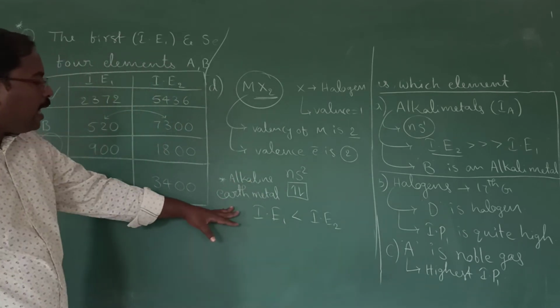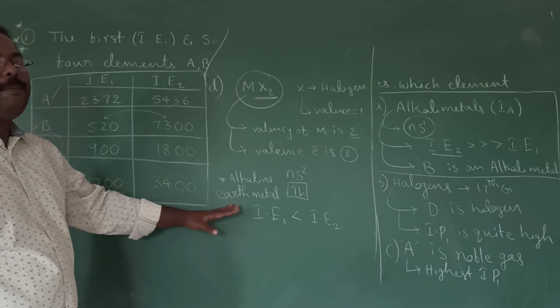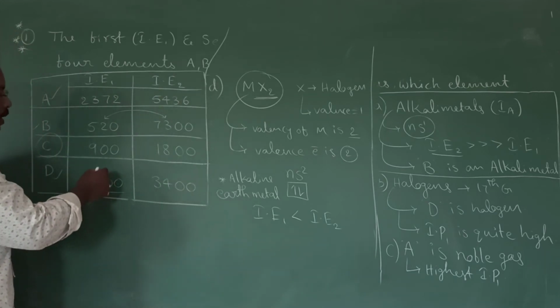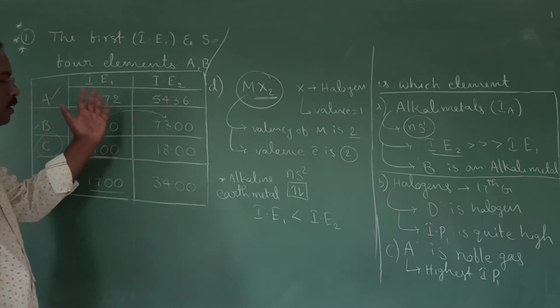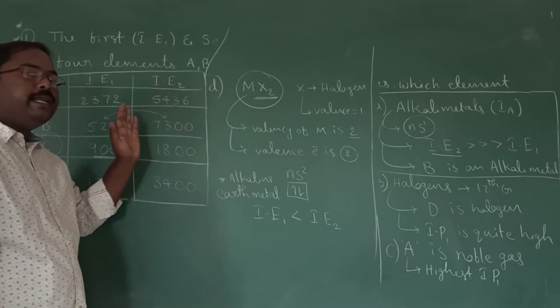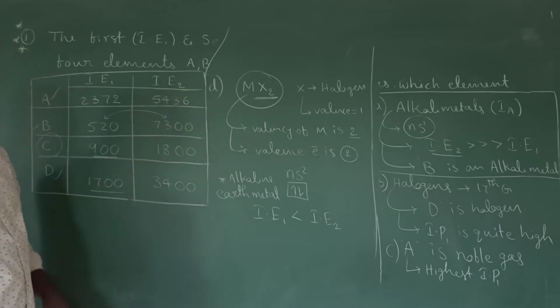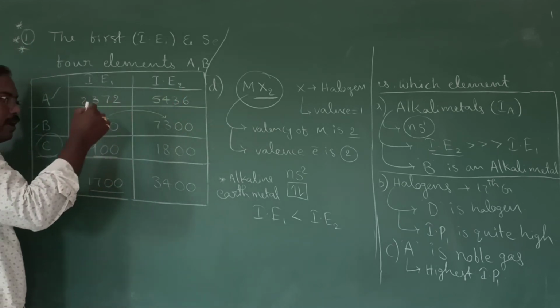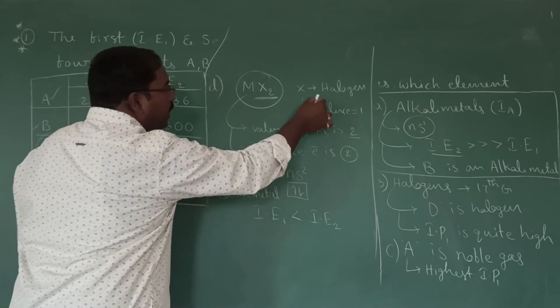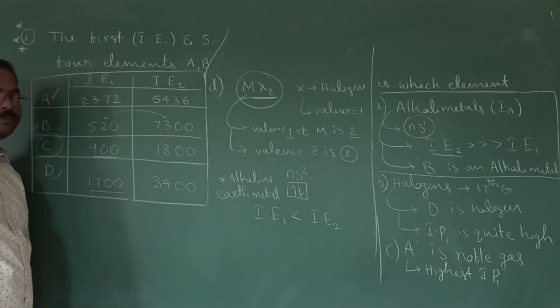And it is an alkaline earth metal. So compared to alkali metals, the first ionization energy value is slightly higher, because from left to right, ionization energy values increase. So based on that, C is the element which forms a binary dihalide.